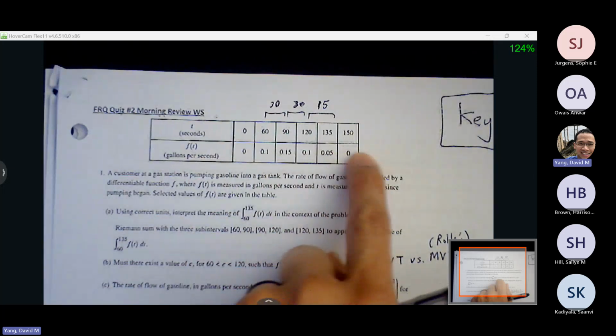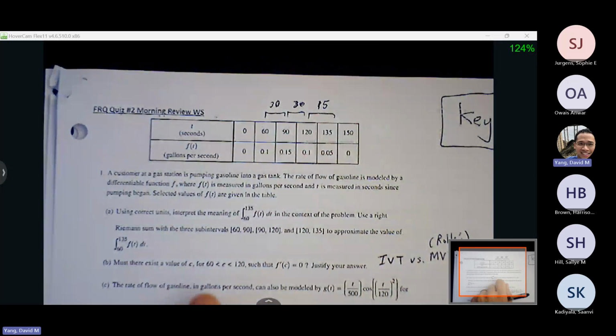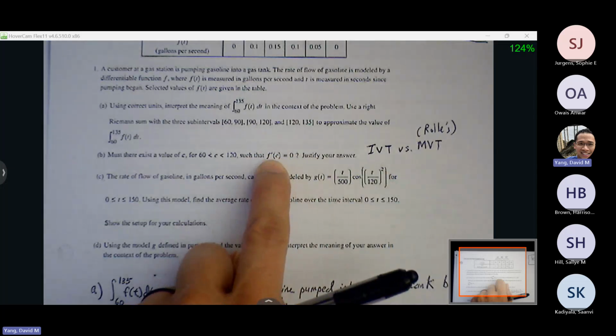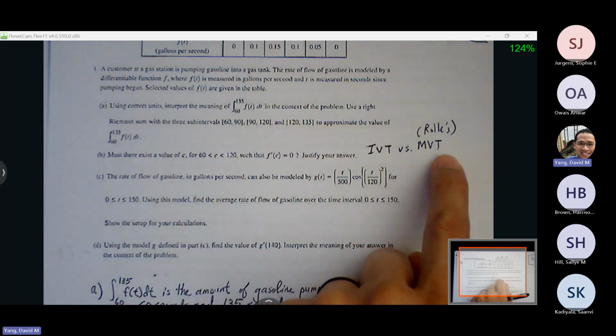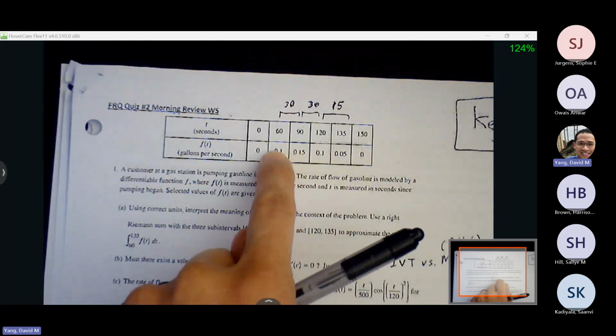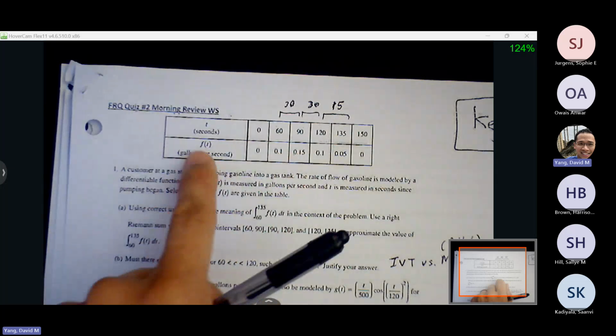That would be nice if we had the F prime table. We don't have the F prime table, though, so we can't really rely on IVT because we don't have any data at the F prime level to compare, to look for a value below 0 and a value above 0. What we do have, though, is F of t, and we know F prime is the slope of F of t.